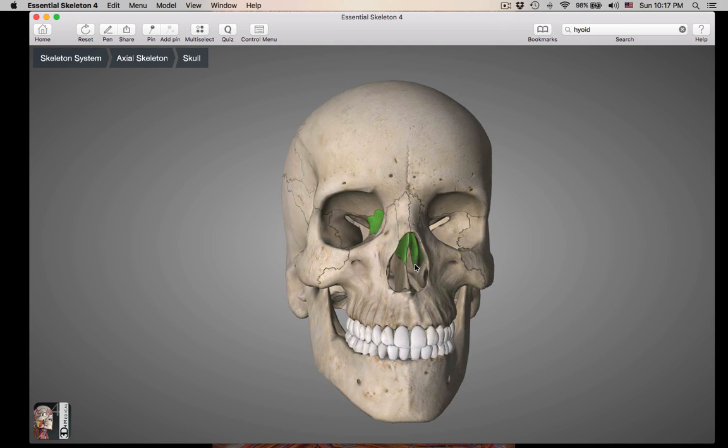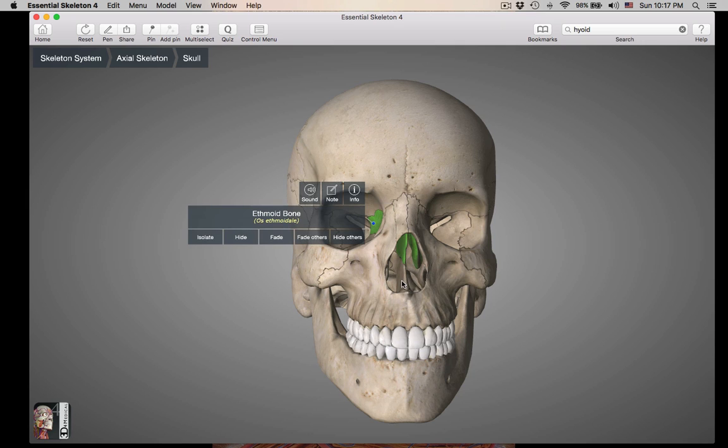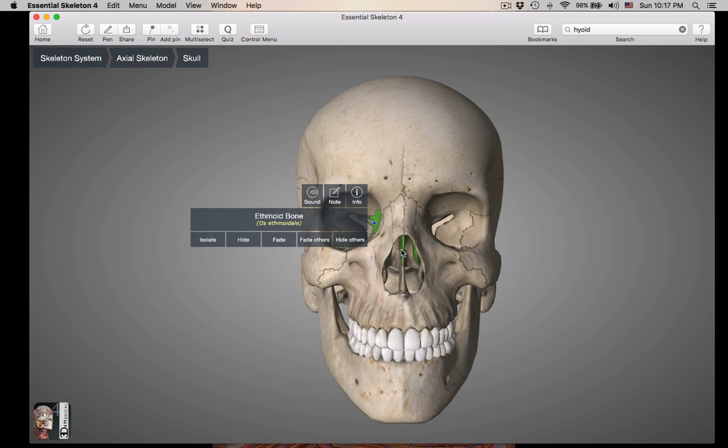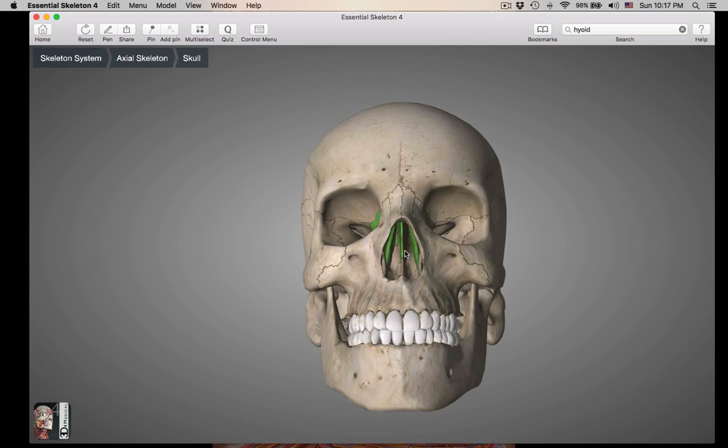The nasal septum is formed by the union of two bones. One of them is the ethmoid and one of them is the vomer. We'll get to the vomer a little bit later. But this is called the perpendicular plate of the ethmoid bone. It sticks straight down.